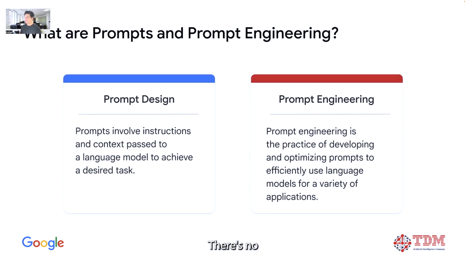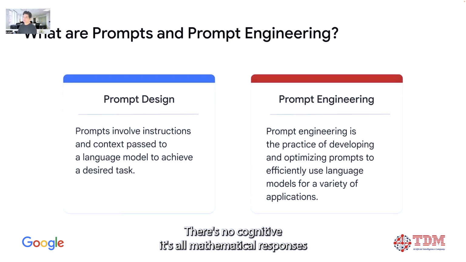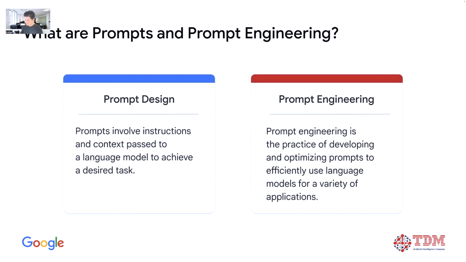For a super user, it's probability theory which is working and predicting the next word, rather than the way the neurons work in our brain. There's no cognition, it's all mathematical responses.